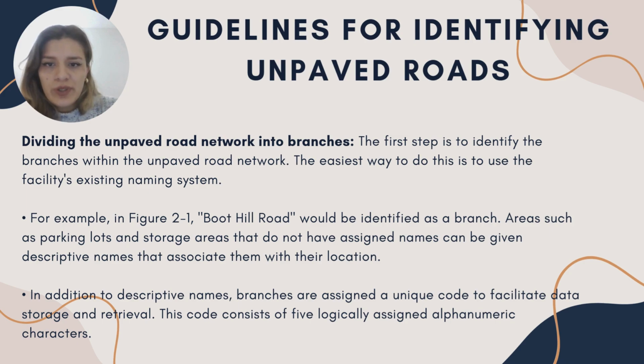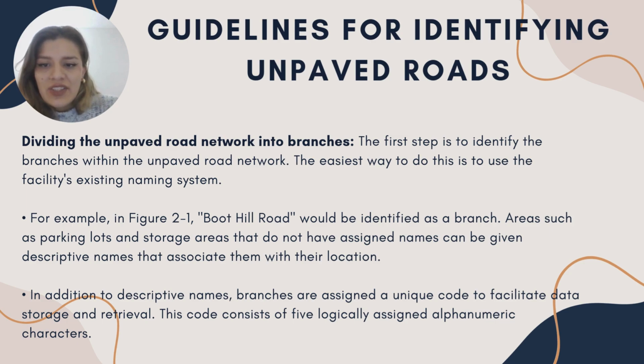Guidelines for identifying unpaved routes. Dividing the unpaved route network into branches. The first step is to identify the branches within the unpaved route network. The easiest way to do this is to use the facility's existing naming system. For example, in figure 2, the Boot Hill Road would be identified as a branch.